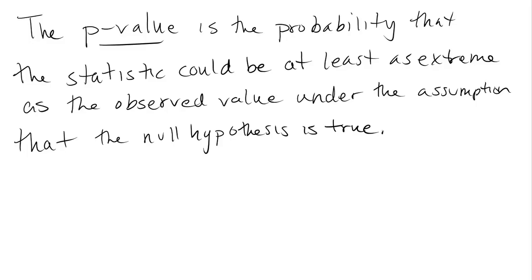The probability that we calculate is the probability that we could have witnessed something at least as weird as what we saw if the null hypothesis was true. We're assuming that the null hypothesis is true. If our p-value is small, then it's unlikely that the null hypothesis is true and we're going to reject it. If the p-value isn't really small, well then the null hypothesis is believable and we fail to reject it.